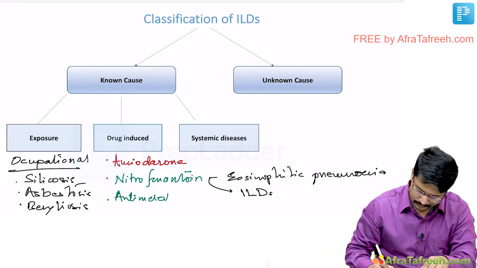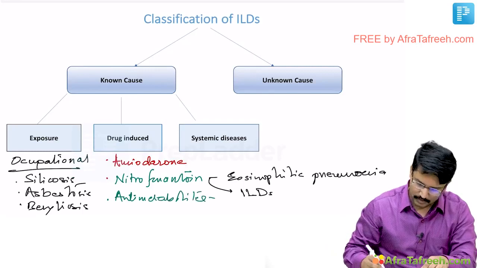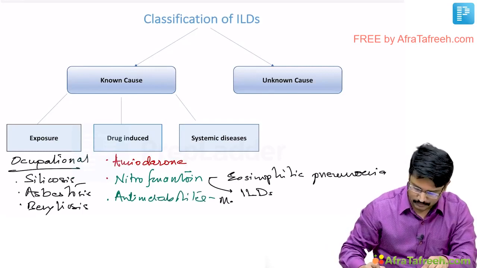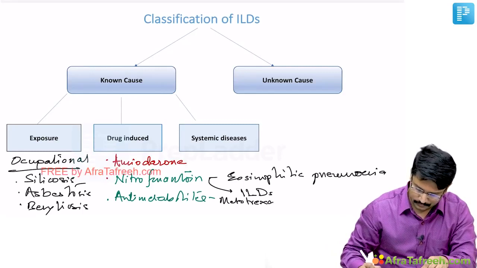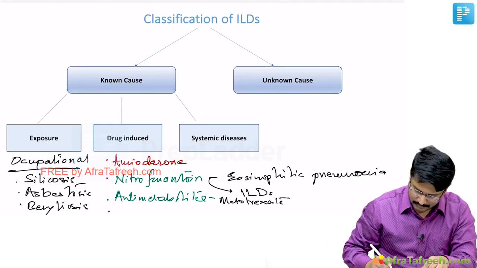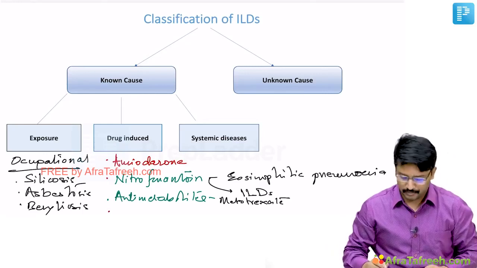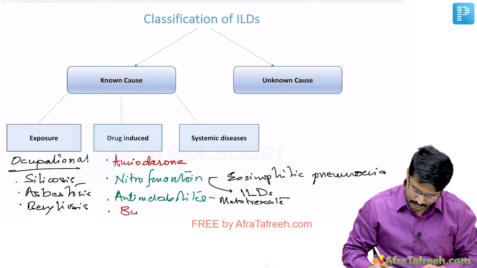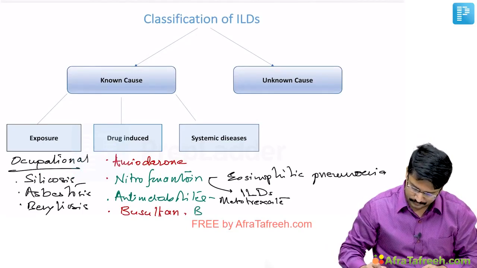The third class, the antimetabolites like methotrexate, this can also cause interstitial lung disease. Among anti-cancer drugs, the important drugs you should remember is busulfan and bleomycin.